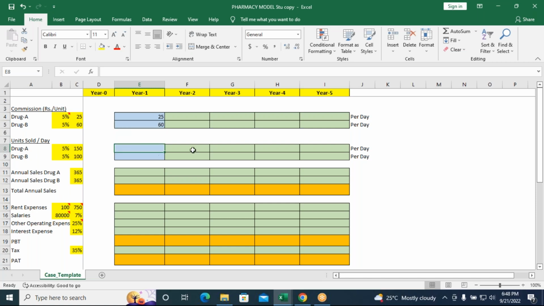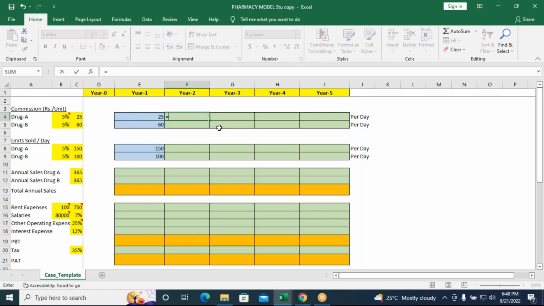For drug A, units sold per day is 150 and for drug B it is 100. Now they are telling us that there is year on year growth, which will be 5%, which I have to calculate.